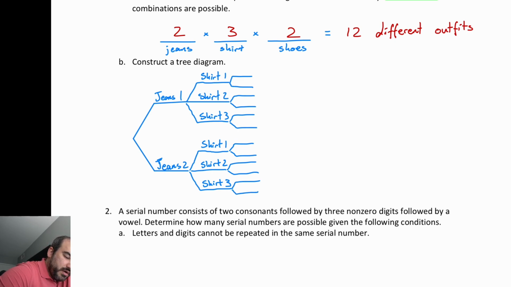You can say shoe 1, shoe 2 for all of them. I guess we can write this on the end of the branch since we're not splitting anymore after this point. So shoe 1, shoe 2.